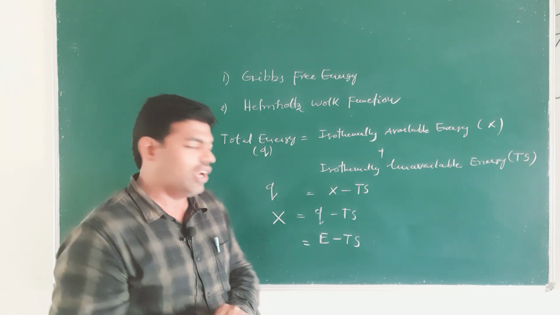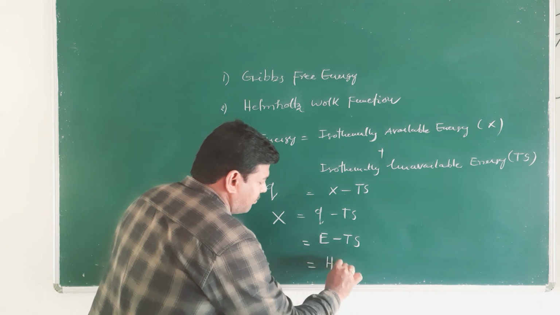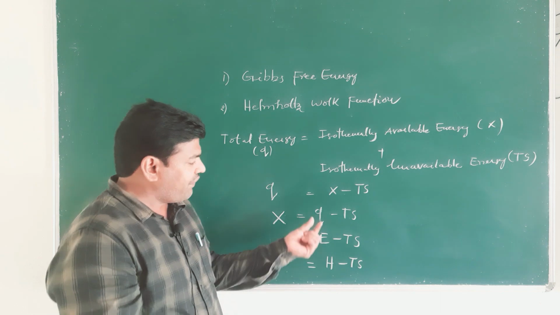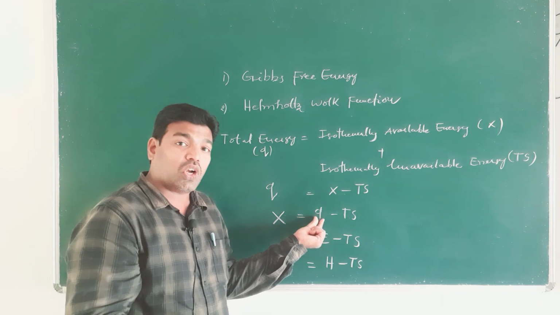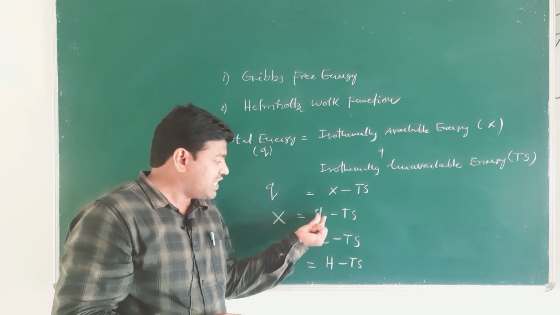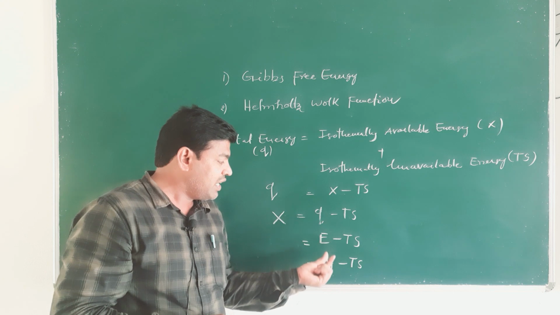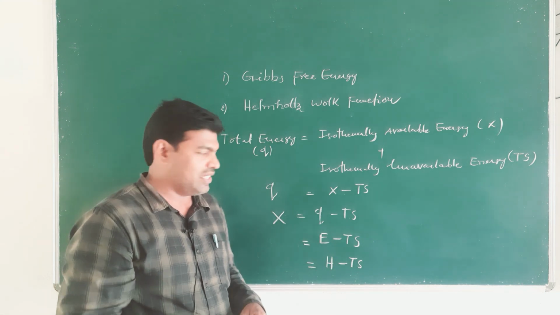So we can replace Q with H minus TS. If heat is absorbed at constant volume, Q is replaced by E, and if heat is absorbed at constant pressure, Q is replaced by enthalpy, H minus TS.